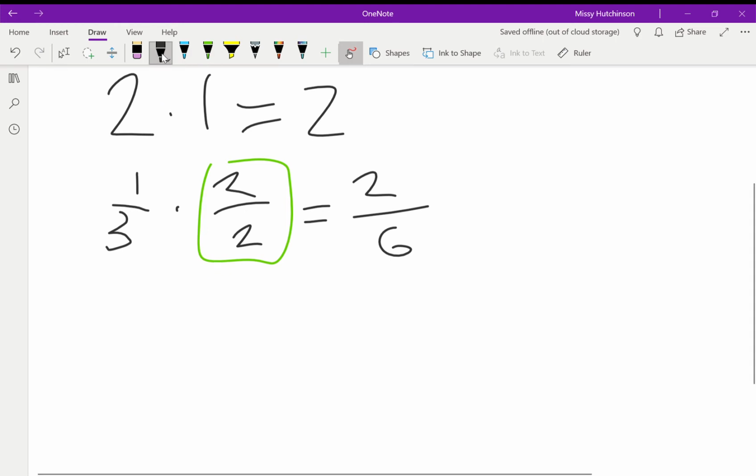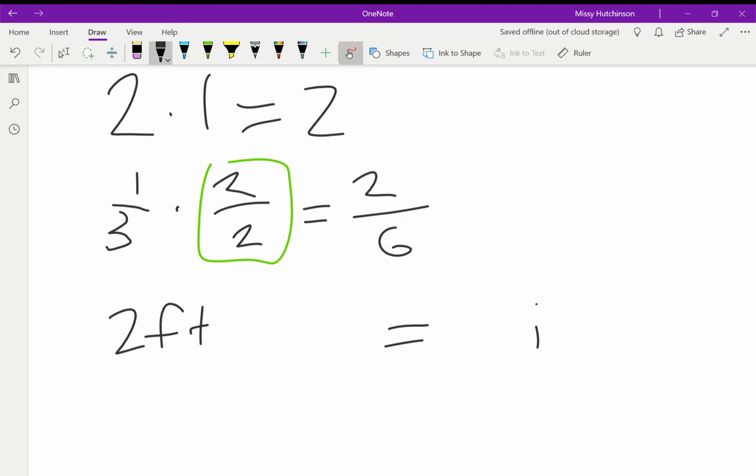So let's go back to that 2 feet that we started with. If I want to convert this over to inches, my goal is to have just inches at the end, and I want to know what number I need to have attached to that inches. I know I'm multiplying by something, and I have to multiply by 1 to get it to be the same. Well, if I want inches, I'm going to have to multiply by inches on the top.